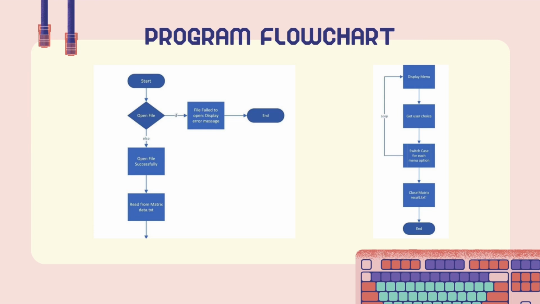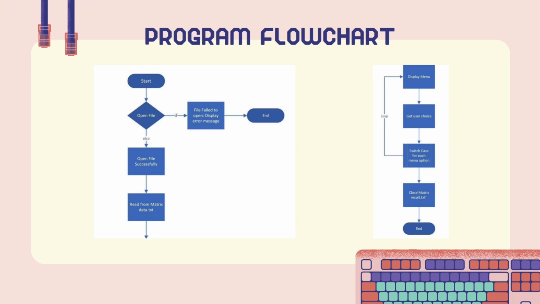the process of get user choice, as we can see at the box on the bottom of the open file successfully. Okay, so the selection from display menu will appear, whatever the program that has been chosen by the user.